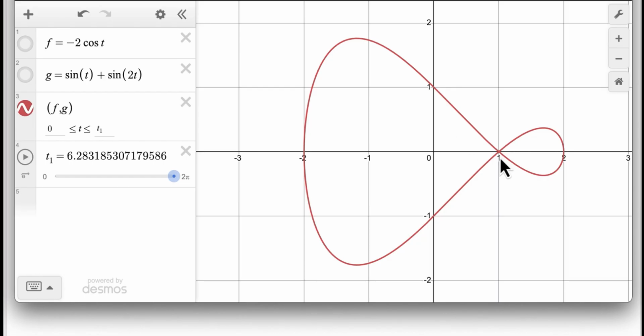And it looks like it's happening at (1, 0). We will prove that first, and then once we verify that that is indeed the point where the graph crosses itself, we can find the tangent lines. Note that there will be two of them, one where the graph is concave up, and then again where the graph is concave down.